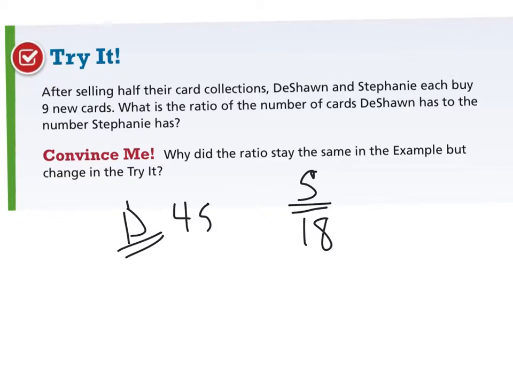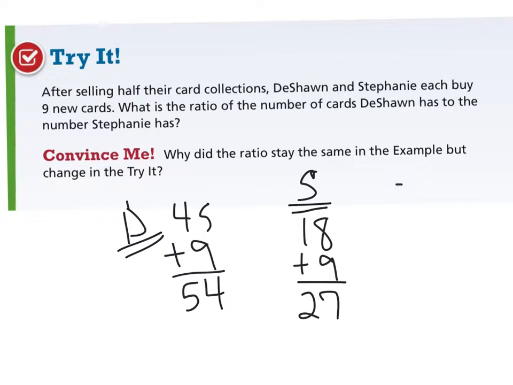So if they each buy 9 new cards, Deshawn had 45, now would have 54 cards. Stephanie had 18 cards. She would now have 27 cards. So this ratio of Deshawn to Stephanie at this point would be 54/27.